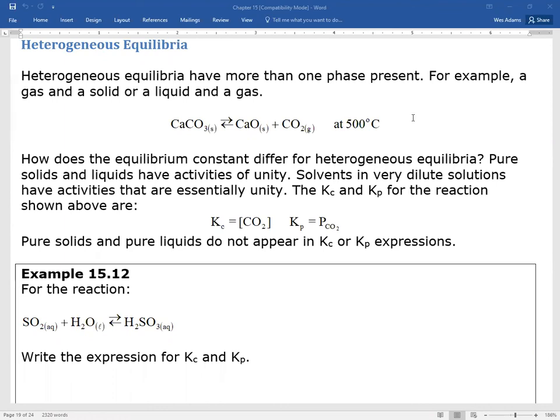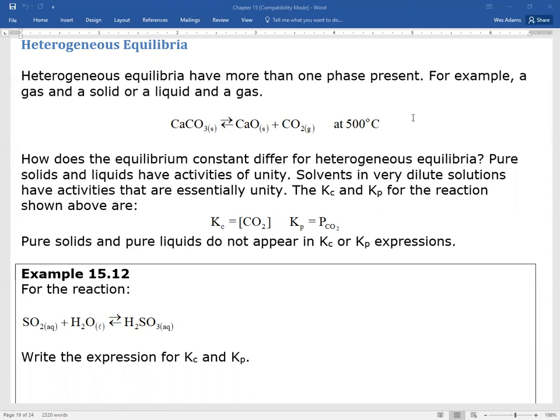So how does the equilibrium constant differ? Pure solids and pure liquids do not appear in equilibrium constant expressions because they have activities equal to unity, and that is, their concentration doesn't really change very much. Solvents and dilute solutions are essentially the same thing. So solids and pure liquids like water, we're not going to account for.